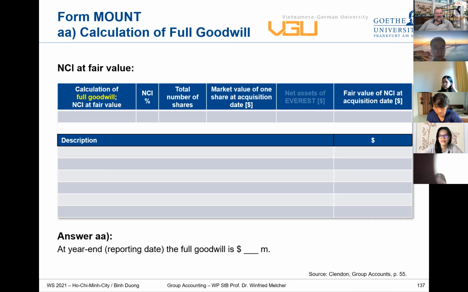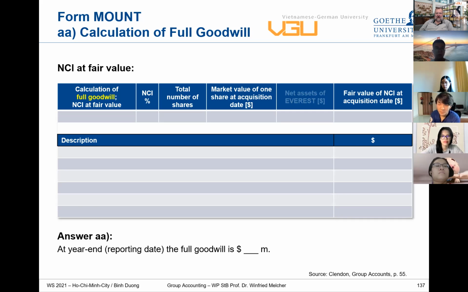Okay, so the problem is when you use the full goodwill method, that will inflate the balance sheet, and in case there is an impairment, of course, if you have a higher goodwill, that will be written down with a higher amount compared to a situation where you have only a goodwill that is attributable to the parent.